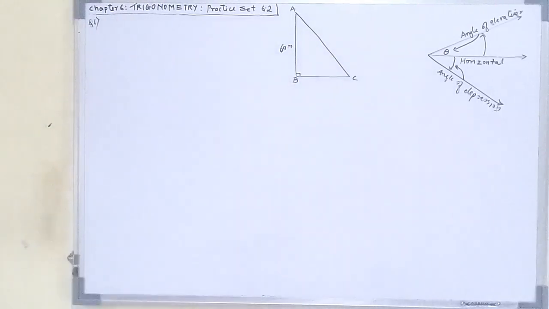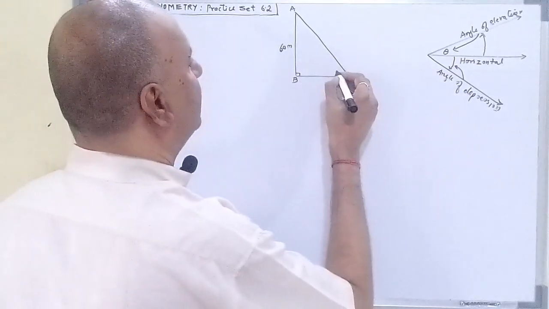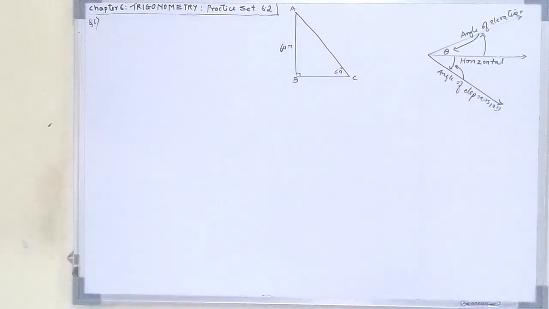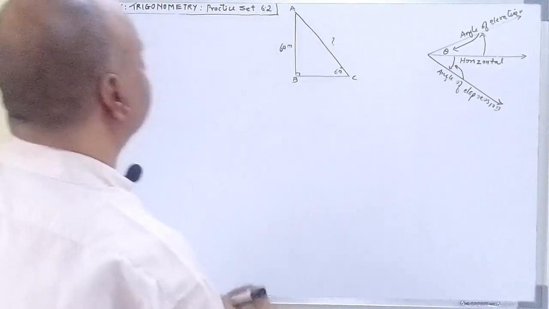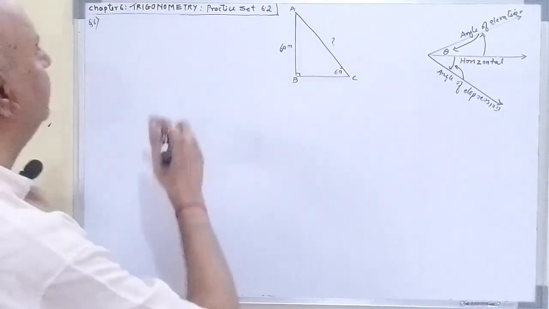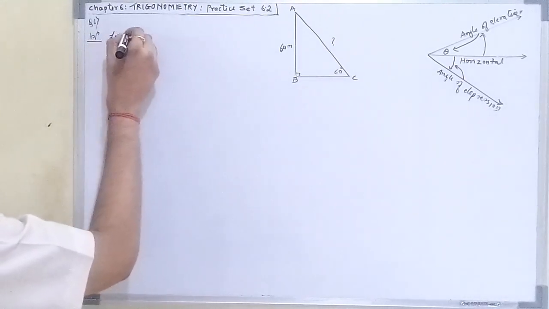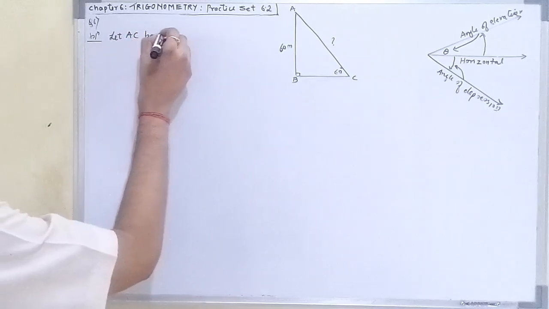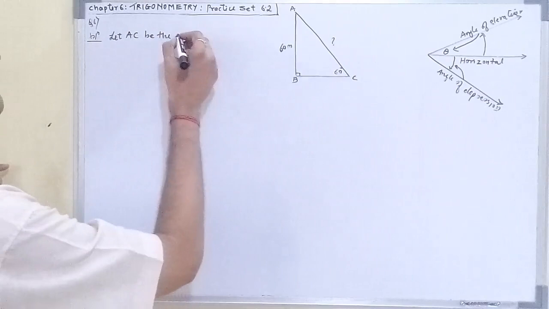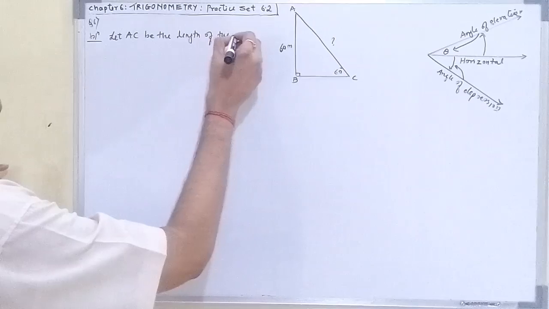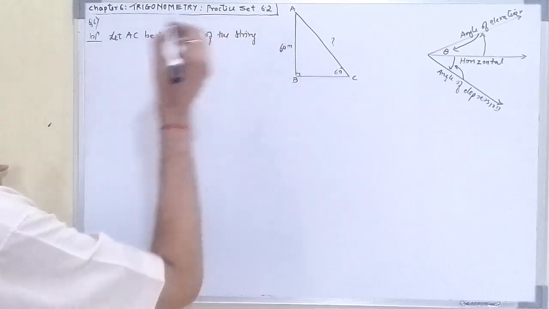See what else I have given, the angle of elevation which the kite makes is 60 degrees. What do we have to find? Find the length of the string. Write whatever information there is. Let AC, this we have to find. Let AC be the length of the string.